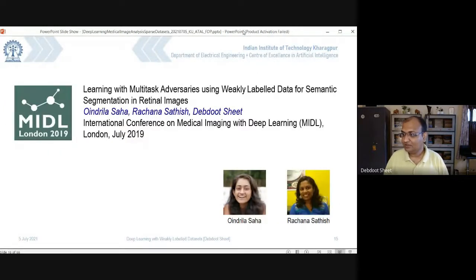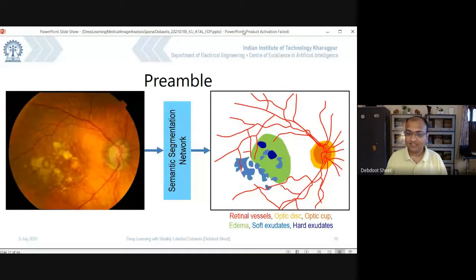Now that brings me to the first paper. I have roughly 8 minutes before we end the first session. I will try to at least give you a substantial introduction to this particular paper. Say that I am looking into a task where I am given a retinal image, and the task of this neural network is to perform full-scale semantic segmentation.